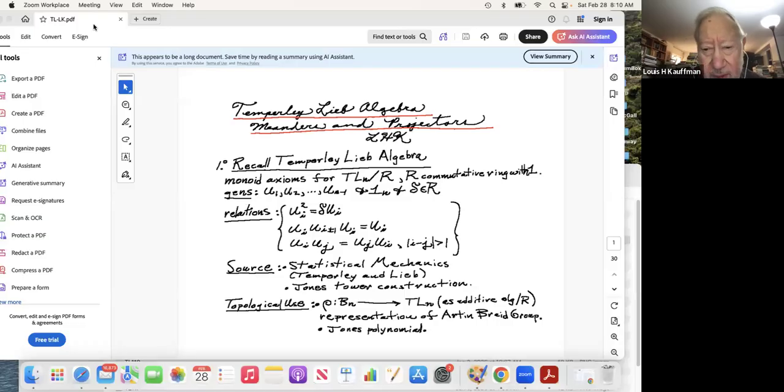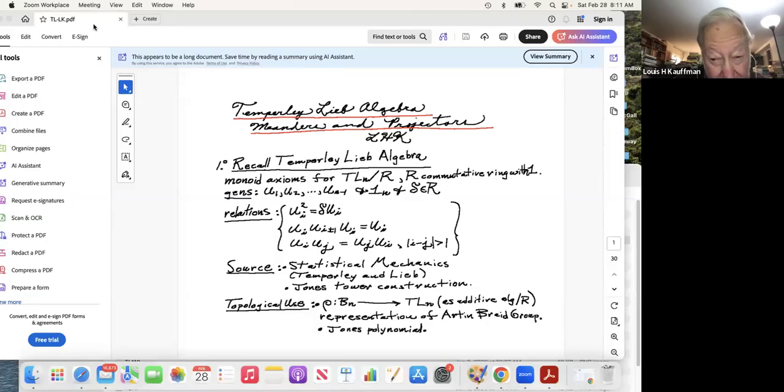This algebra arose in statistical mechanics originally, and implicitly in the kind of projectors that Dirac used, but it was formalized in this form by Temperley and Lieb, and they gave matrices that satisfied these relations that were related to transfer matrices in statistical mechanics models.